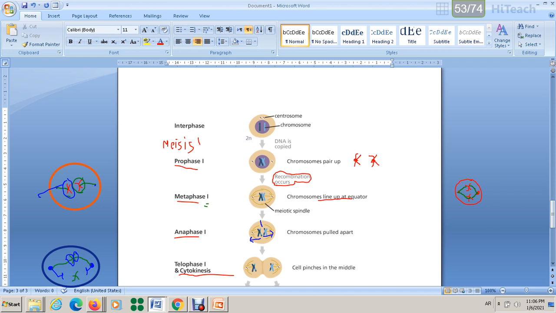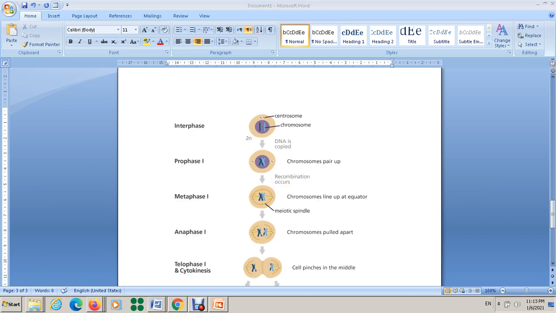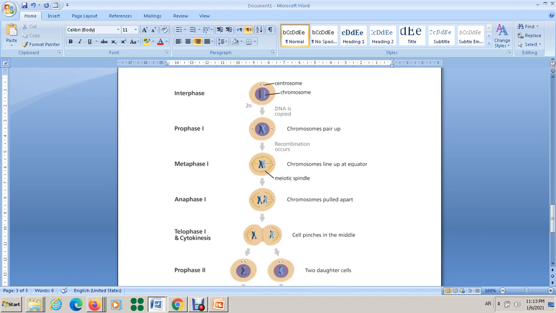As you see, a new nuclear membrane will be formed here, another nuclear membrane will be formed there. The chromatids are still joined together. But if you remember, when we took mitosis, the chromatids are not joined together. Then in cytokinesis the whole cytoplasm will be divided, and it will give two daughter cells. But as you see, these cells have chromosomes still in X shape.